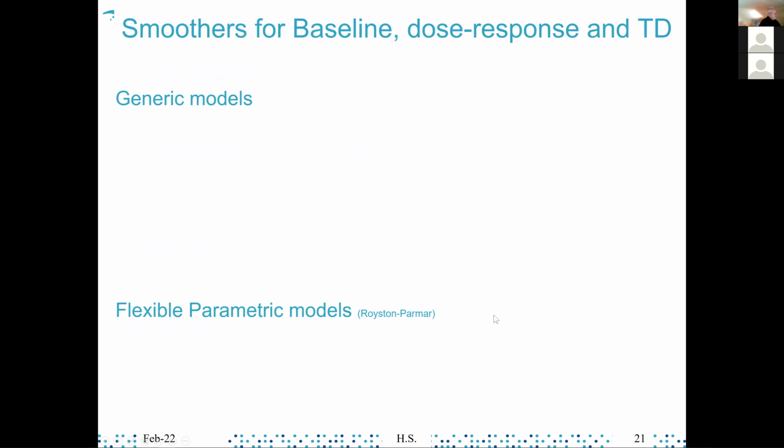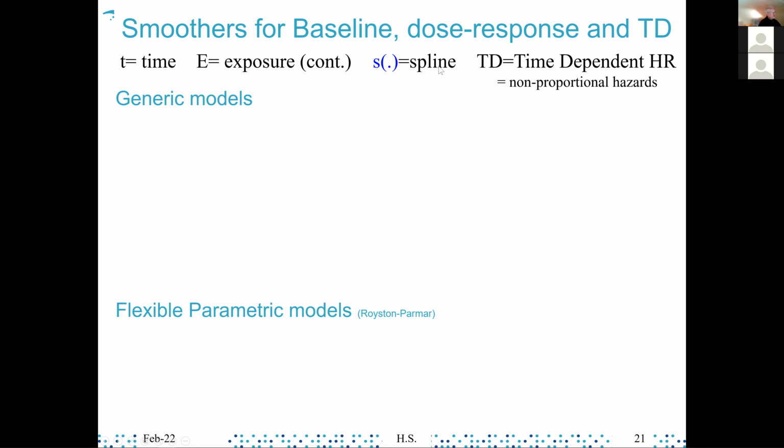Here I will try to show you how that works by showing you some simplified equations. Maybe that helps. So T is time. My exposure variable is called E, and it's a continuous exposure variable. S with a parenthesis denotes the spline smoothing function.